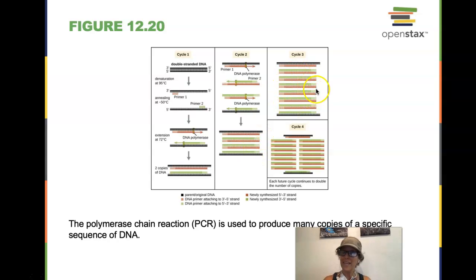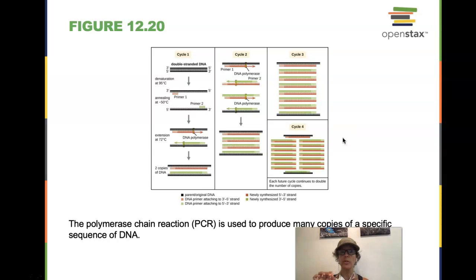We repeat this over and over, between 20 to 32 cycles, and every 1 cycle doubles the number of DNA molecules present. We're never going to have a single DNA molecule present at the start, but if we did, after 1 cycle we would have 2 copies, and after 2 cycles we have 4 copies, and after 3 cycles we have 8 copies, and after 4 cycles we have 16 copies.